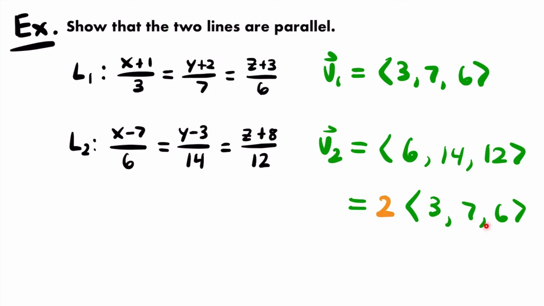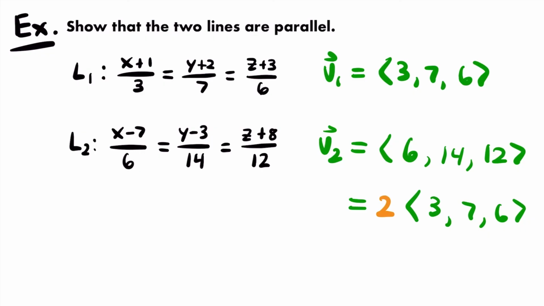So 2 multiplied by this vector would be the same as vector v2. And notice what this vector is right here. It's the exact same thing as vector v1. And so what we have just shown here is that vector v2 is a scalar multiple of vector v1. In other words, the direction vectors for these 2 lines are scalar multiples of each other, which means they're parallel, which then in turn means that these 2 lines are also parallel.